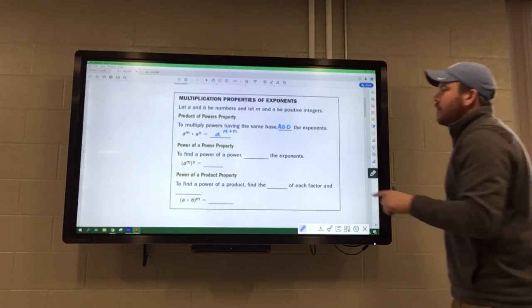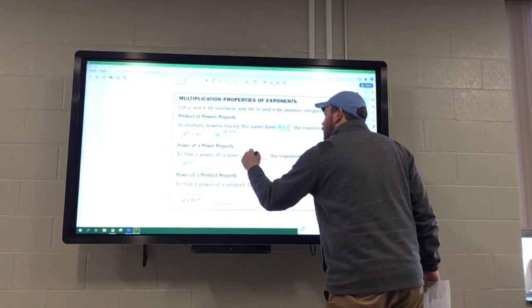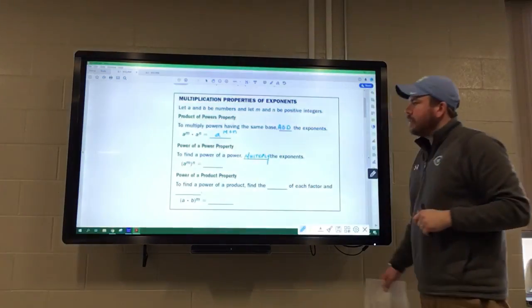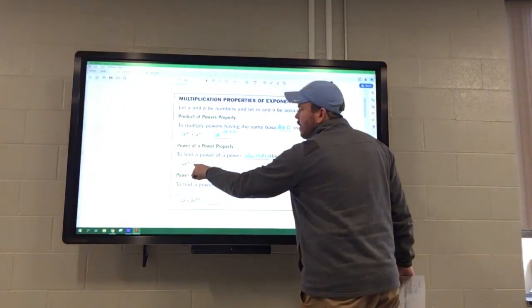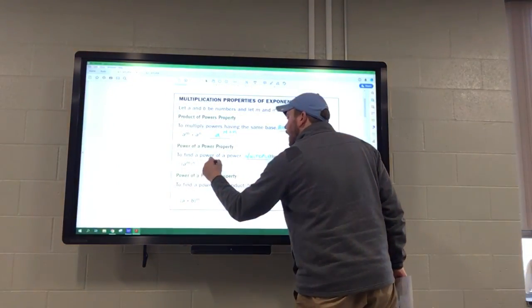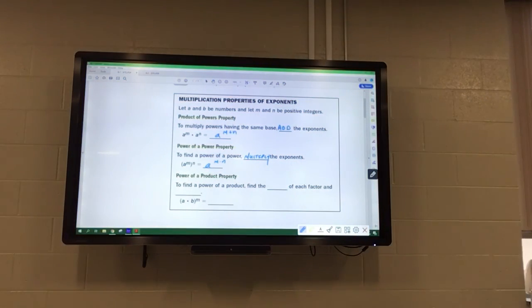To find the power of a power, we multiply our exponents. So if we have a to the power of m being raised to the power of n, I'm going to keep my base of a, and I'm going to multiply my exponents.